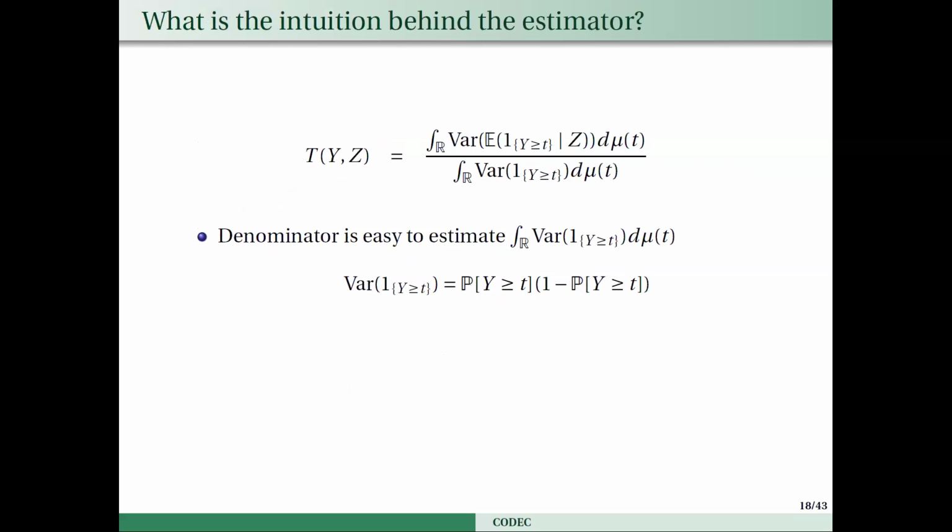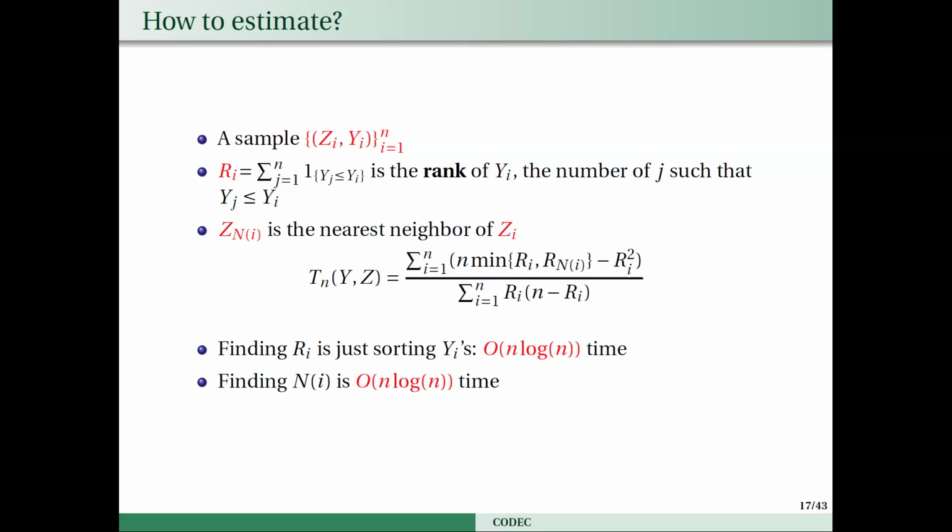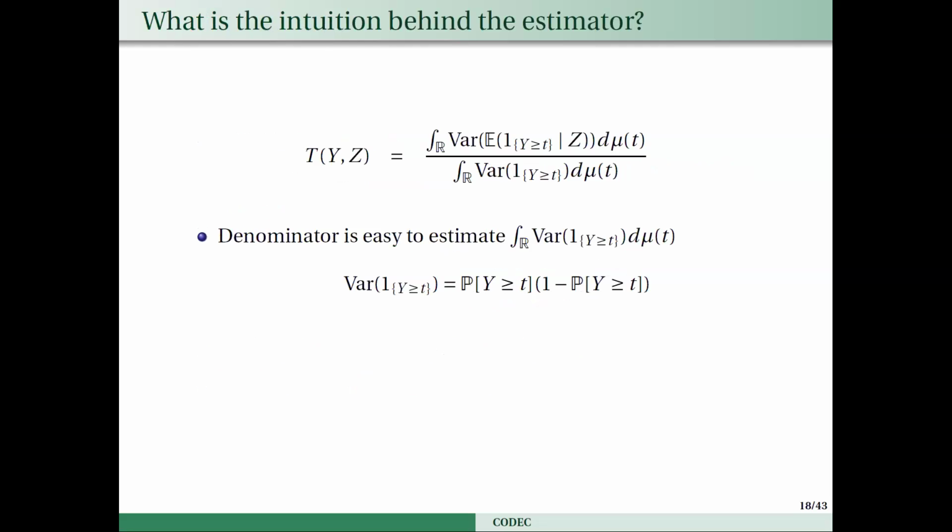Now, you may ask, what is the intuition behind this estimator? Just by looking at it, it doesn't immediately spark what the relationship is between the estimator and the definition of the measure with all those variances and integrations. So now I try to give you some intuition. This was our original measure.